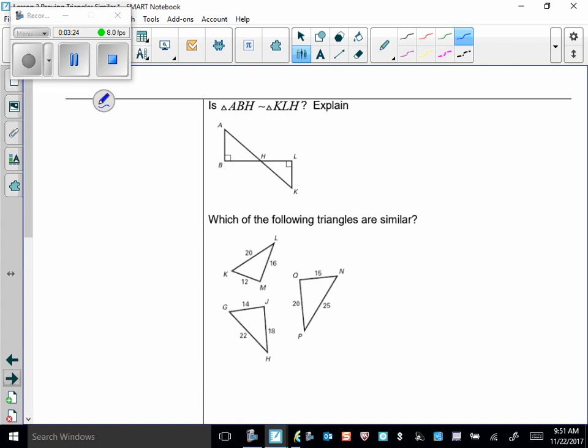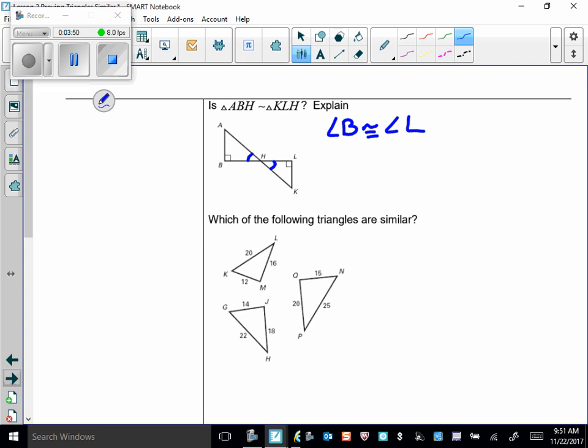Okay, so the question is, is triangle ABH similar to triangle KLH? Well, we know that angle B is going to be congruent to angle L because of the right angles theorem, and of course we'd have to state that in a proof if we were doing a proof. And we know that these two angles are congruent because of the vertical angles theorem.